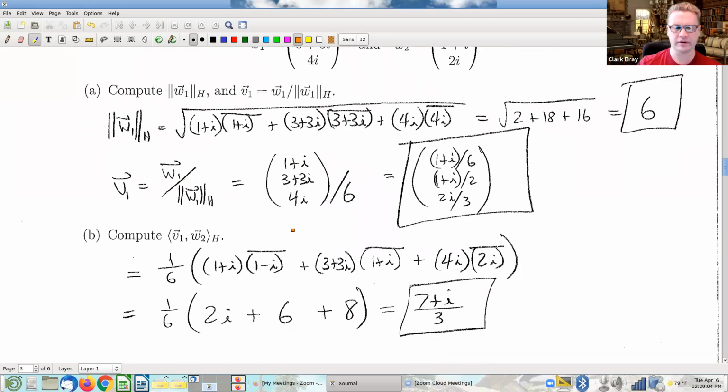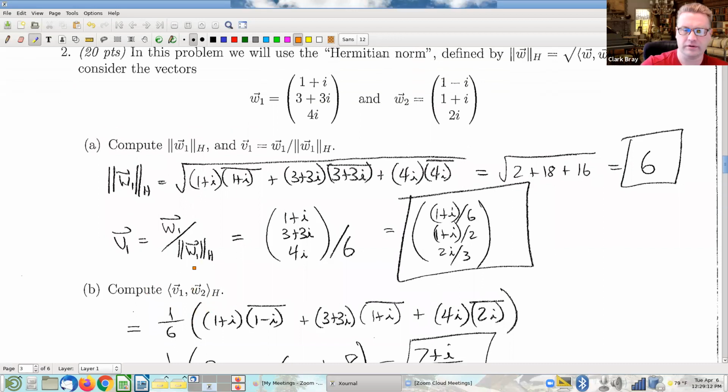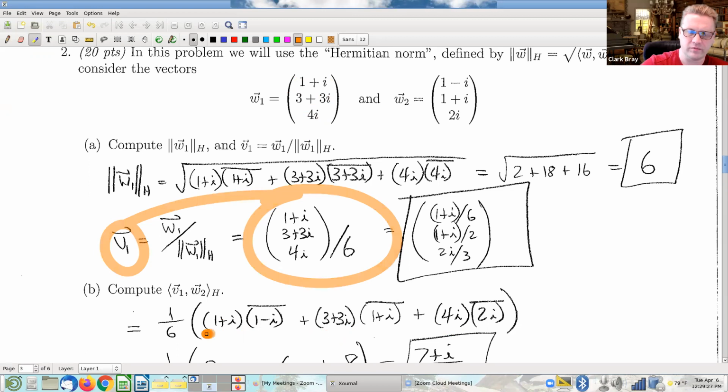Next, compute another Hermitian dot product. It's a direct calculation. The components of V1 are there. Don't forget to divide by 6.